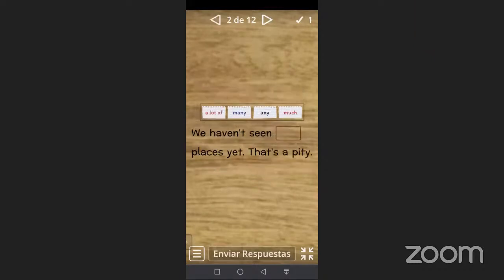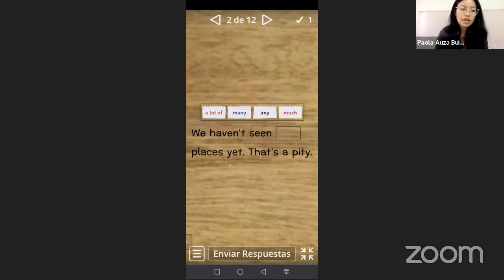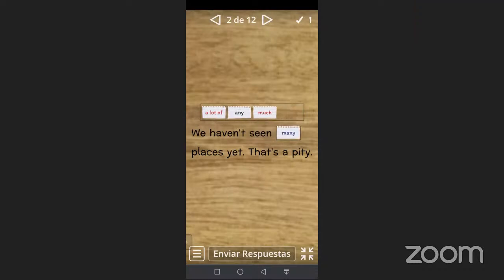We haven't seen... What do you think? A lot of, many, any, much places yet. That's a pity. Pity is like that's a shame, that's sad, something like that. We haven't seen many places yet. Yes, okay.